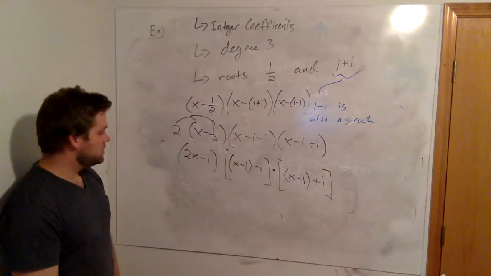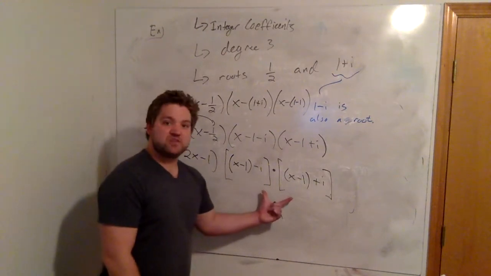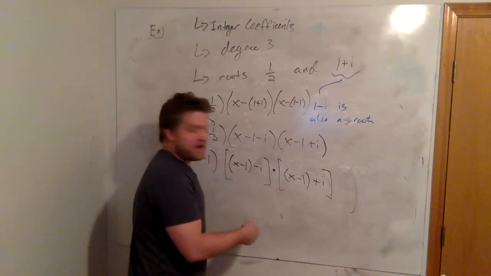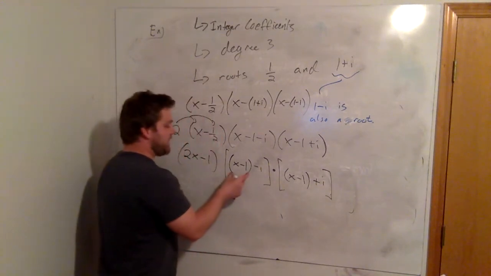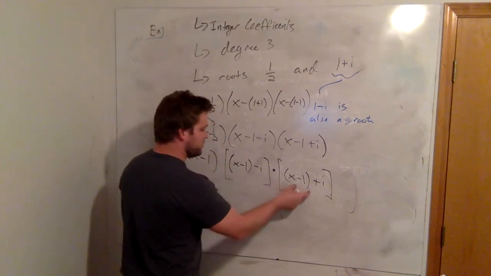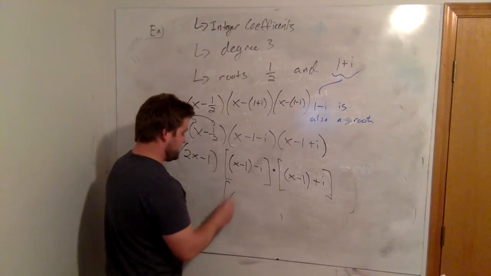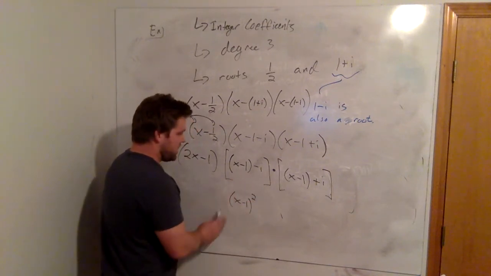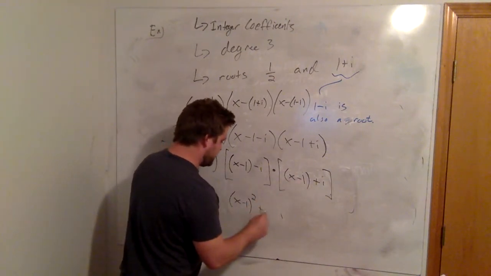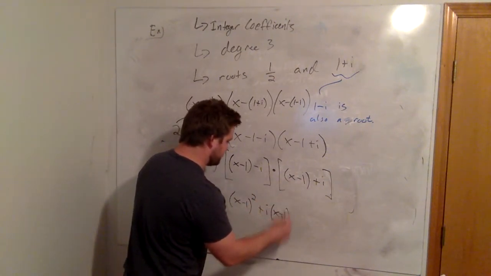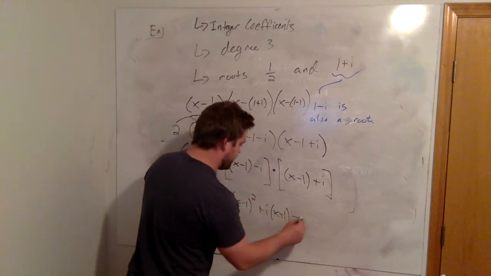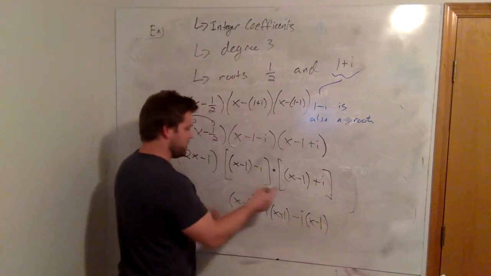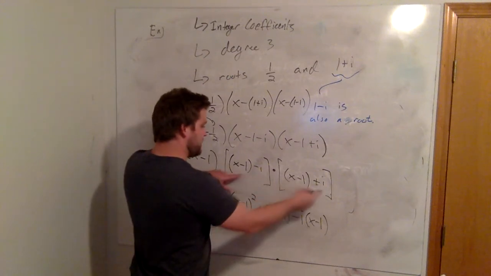Okay? So notice for a second if I were to expand these, this is kind of like that difference of squares pattern. If I were to FOIL this out, I get x minus 1 times x minus 1, so I'm going to get an x minus 1 quantity squared. I'm then going to get a plus I times x minus 1, and a minus I times x minus 1, from the O and the I in FOIL.